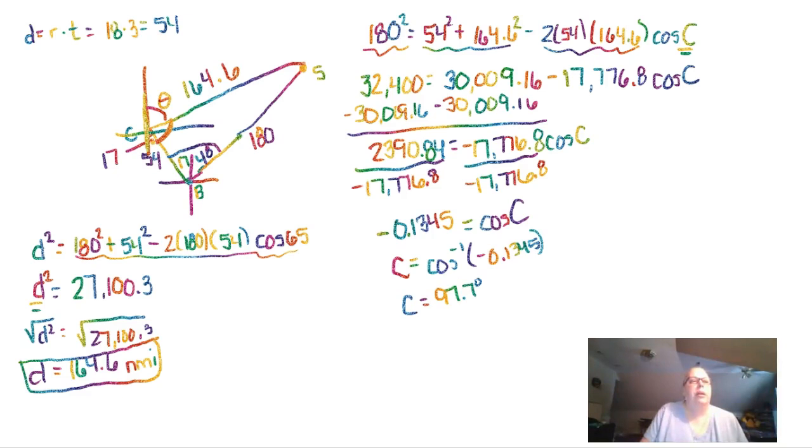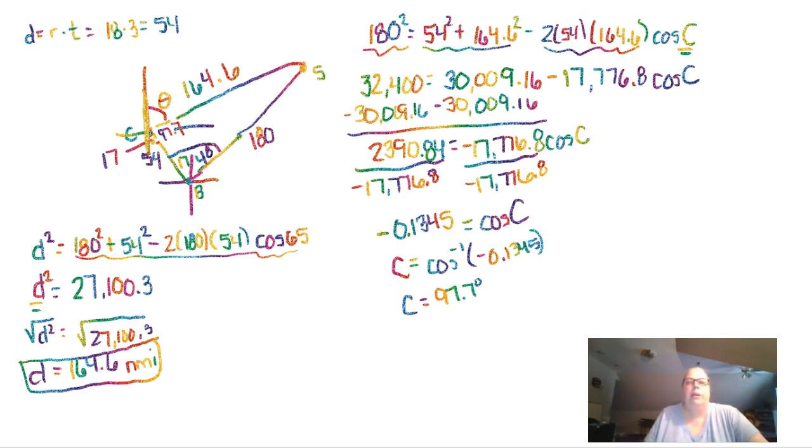Let's look back up here at the picture. We know this angle right here now; we just found it, and it is 97.7. Now remember what I said: I have a straight angle right here, and I know this angle in here is 17. From here to here is 97.7.